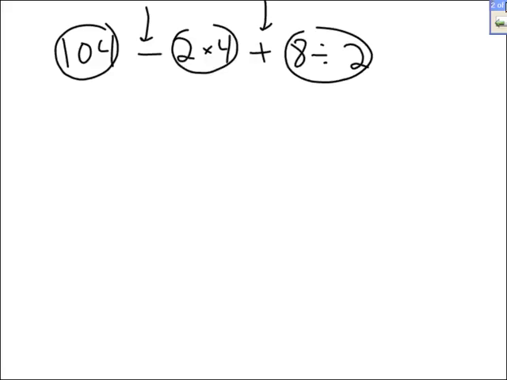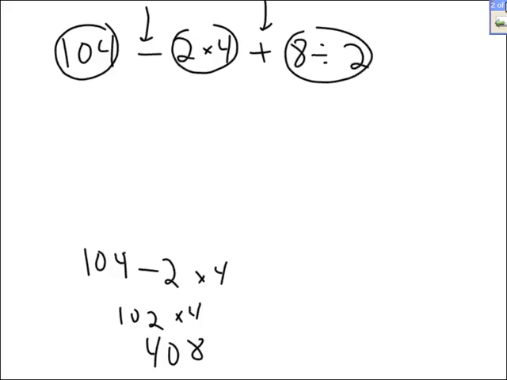If you do it this way, you will not go 104 minus 2 is 102, and when I multiply that by 4, I get 408. It's not done that way, because from 104, we are not taking away 2. We are taking away the whole term, 2 times 4, which is 8.